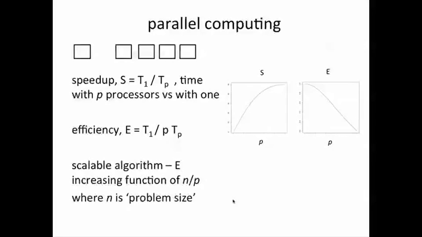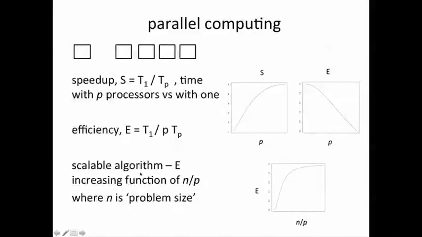A scalable algorithm is one which allows you to increase the problem size without suffering any loss in efficiency. On the contrary, because you have a large number of processors and a large problem size, the effect of coordination costs should actually go down as a ratio of the overall work being performed, so your efficiency should actually increase as the ratio n over p increases.